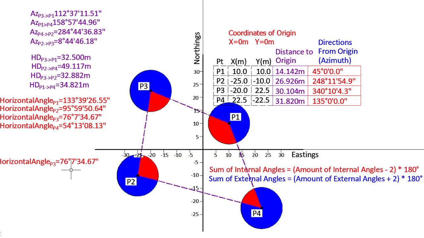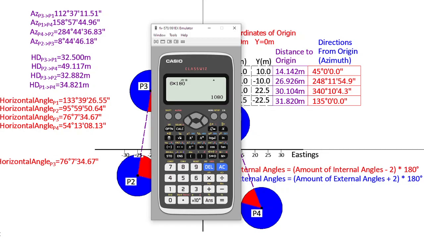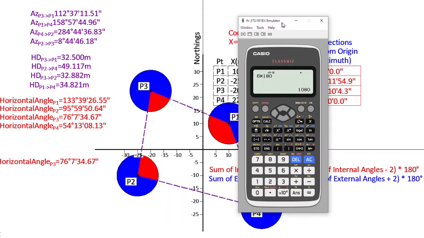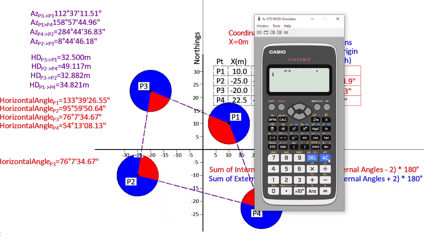So anyway, I'm going to calculate the external angle at point P3. I type in 360 degrees, because that's the entire circle, minus 76 degrees, 7 minutes, 34.67 seconds. And that value is my external angle at point P3.